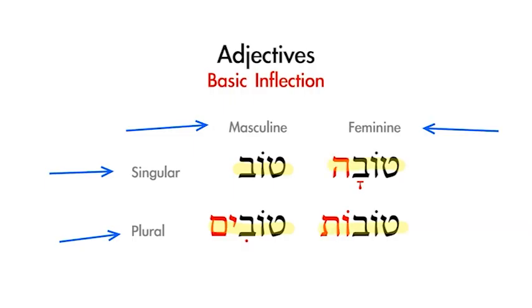You'll observe that the masculine singular form is endingless, but the masculine plural form ends in im. The feminine singular form ends in the qamets he that's characteristic of feminine singular nouns. And the feminine plural form ends in oth, the feminine plural ending you learned with nouns.